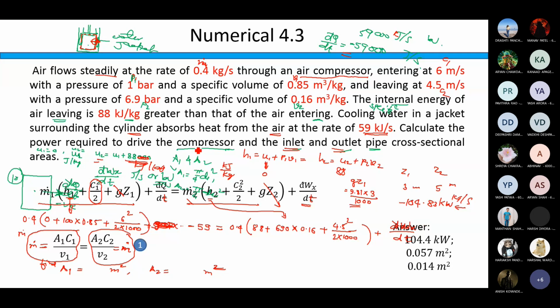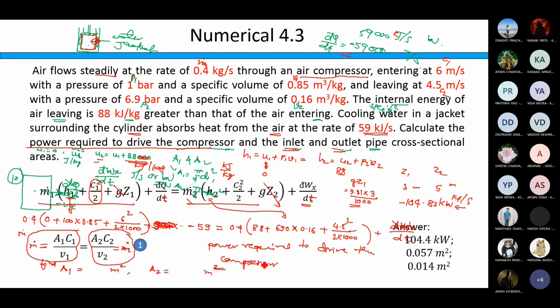The reason why I have not written the minus sign is that in the statement itself they said power required to drive the compressor. So even though you get a minus sign here, when you write the answer, you should write it like this: power required to drive the compressor.